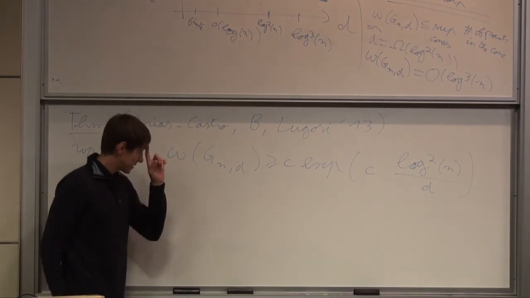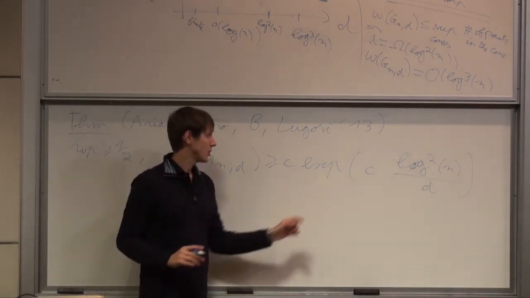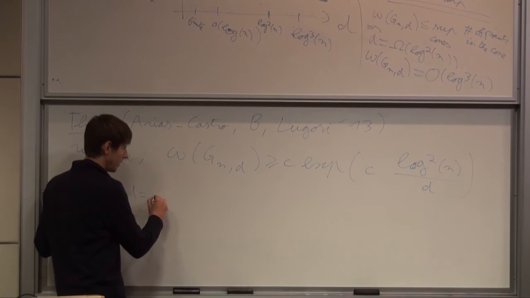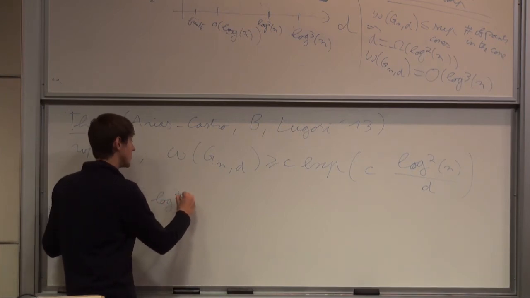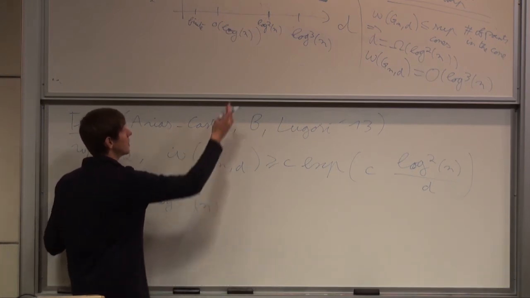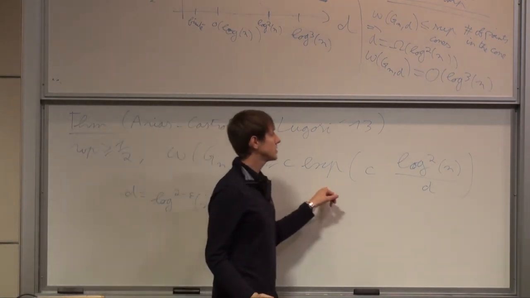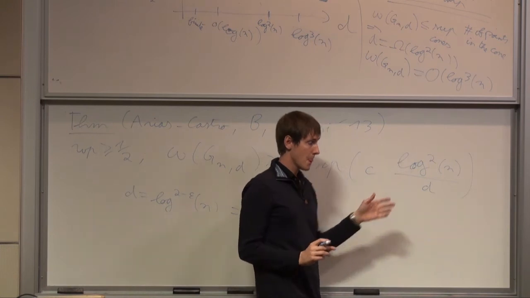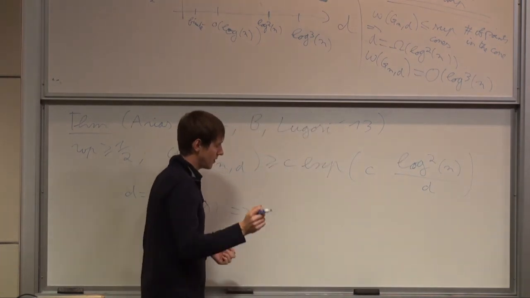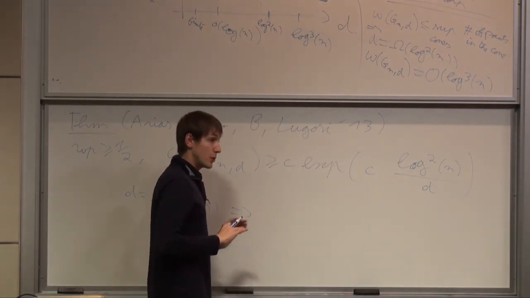So if d is log to the 2 minus epsilon of n, so if we are just before log squared n, then this is exponential of log to the epsilon of n. So what is exponential of log to the epsilon of n? That's not polynomial, right?